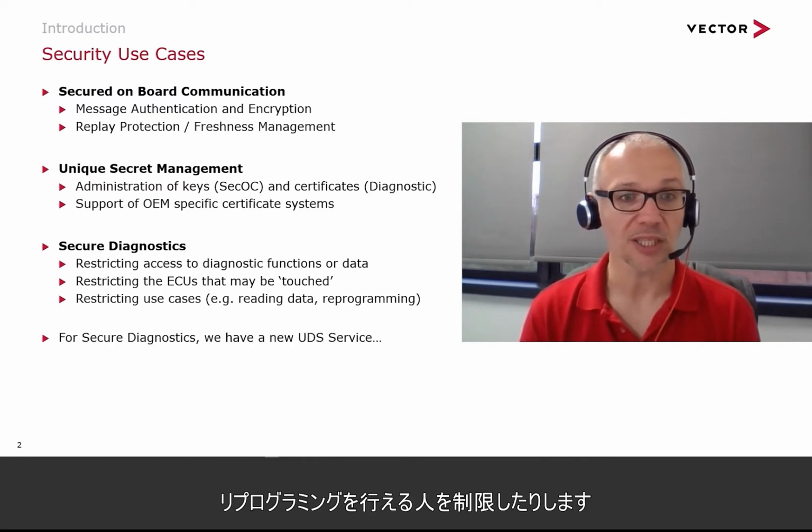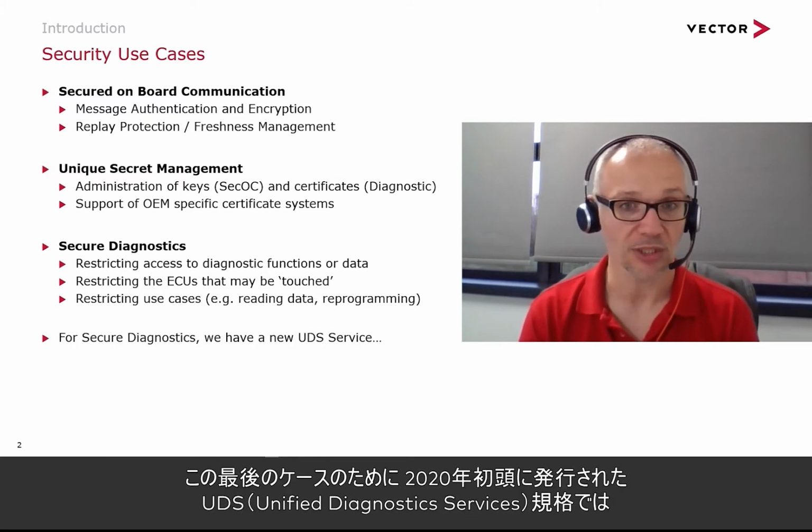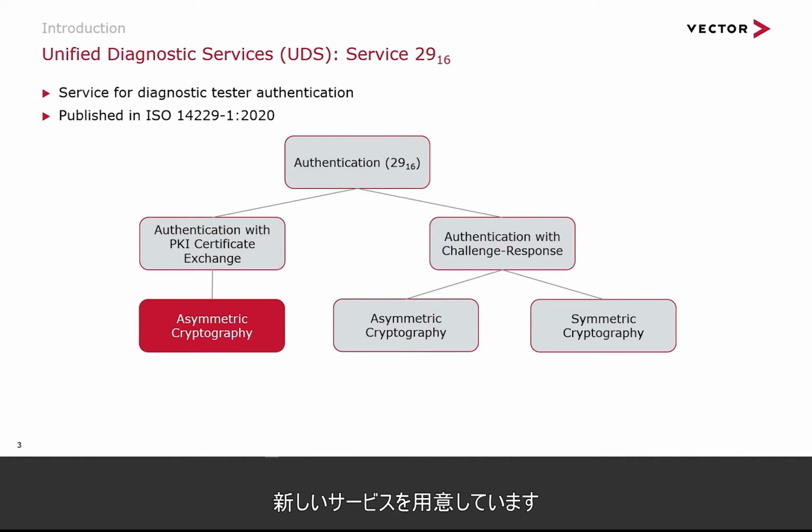And for this last set of cases, we have a new UDS service, Unified Diagnostic Services. So we have a new service in the standard, which was published at the start of 2020. This is ISO 14229 Part 1, which introduces service 29 hex, a new service for diagnostic tester authentication. It's split into a few different sections.